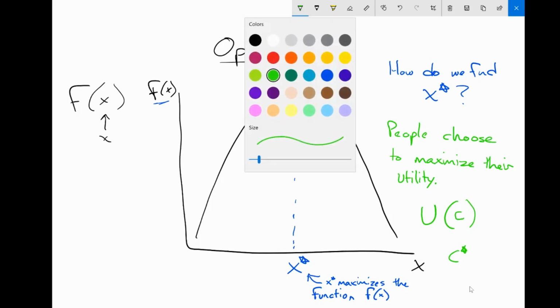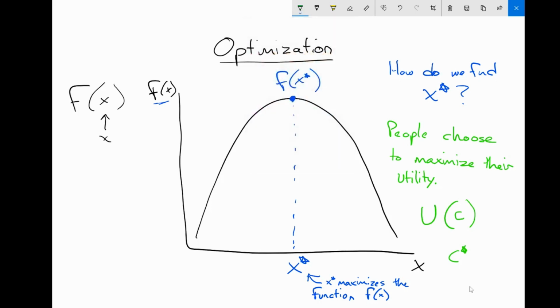So we want to know the C star, the number of cups of coffee that maximizes utility. If we were to actually write out a utility function of coffee, that means how much subjective value people get from coffee, we could then solve it to find the number of cups of coffee that they would need to drink to achieve that maximum utility.